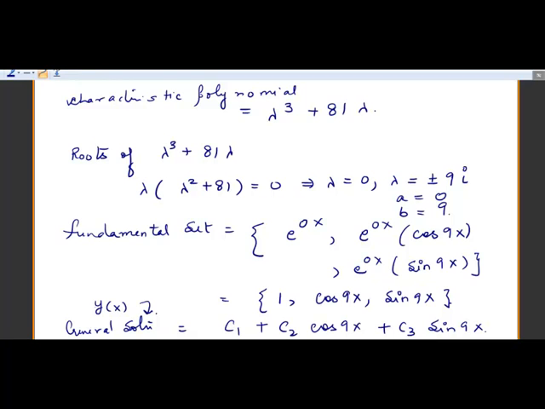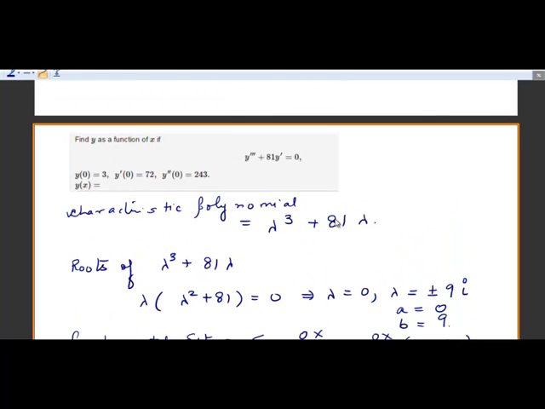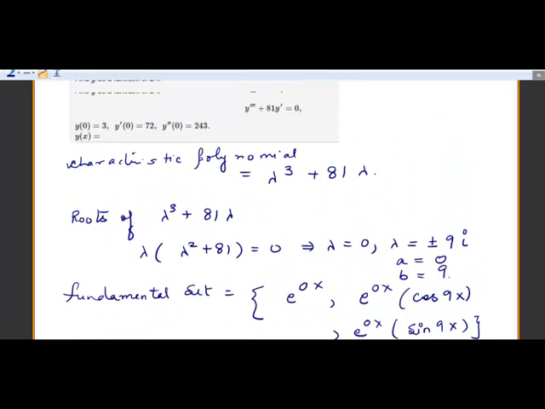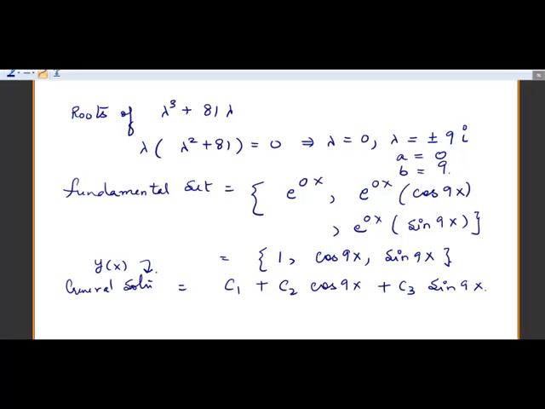Okay, let's now plug in the initial conditions, because we do have y at 0 is 3, y prime at 0 is 72, y double prime at 0 is 243. So you have to plug it in and get your constants. So y at 0 is 3. So that means C1 plus C2 is 3, because this will go away.